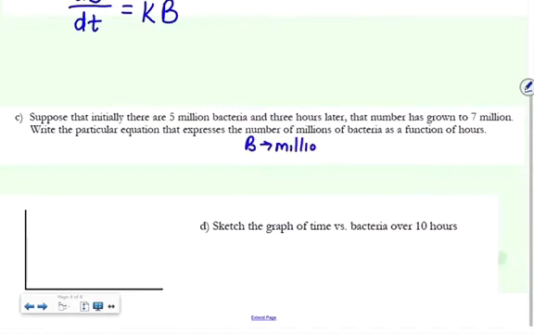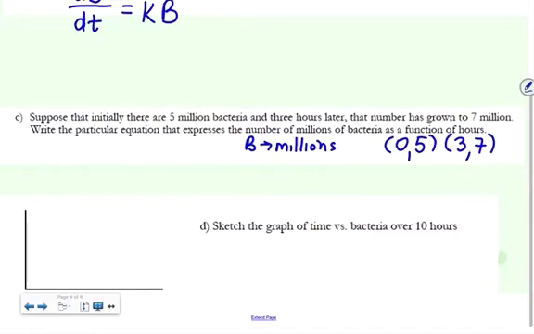Do you know any ordered pairs that will help us with the problem? What's one? 0, 5. And what's the other one? 3, 7. Okay. Which one's going to help us find the C value the fastest? The 0, 5, right?